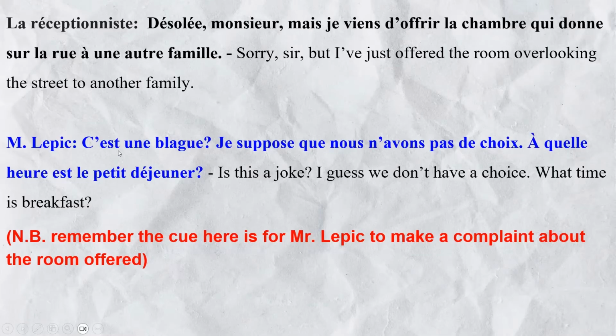We ask, is this a joke? Because in this case, you're still complaining about what is going on. So asking, is this a joke, right? Is an indication that you are not pleased with what is going on. So it still acts as a complaint.